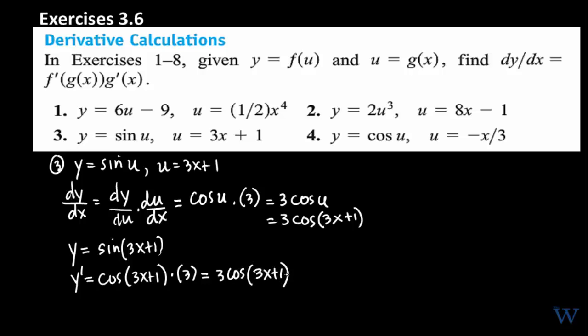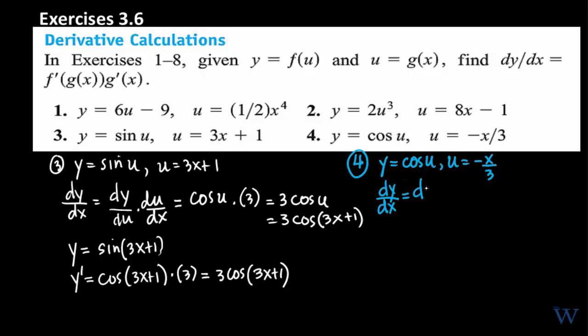Okay? Alright, so suppose we want to do number 4. You've got y is the cosine of u, and then here, what is u? U is minus x over 3. So if you use the Leibniz notation, dy by dx is dy by what?